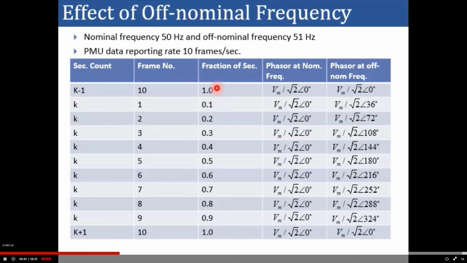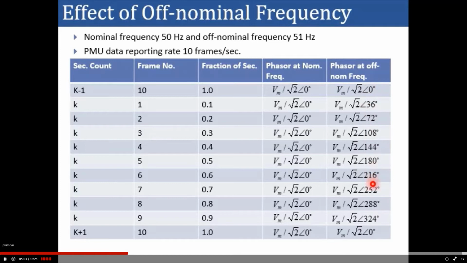That wave corresponds to 360 degree of shift. So 0.1 second gives an advancement of 36 degree, 0.2 second gives an advancement of 72 degree, and so on.